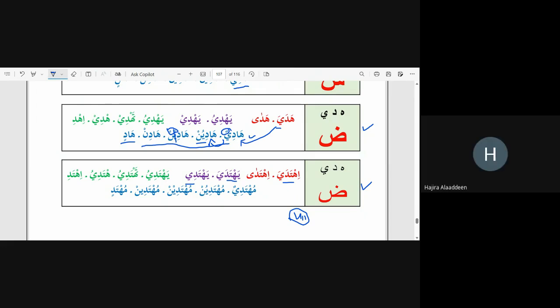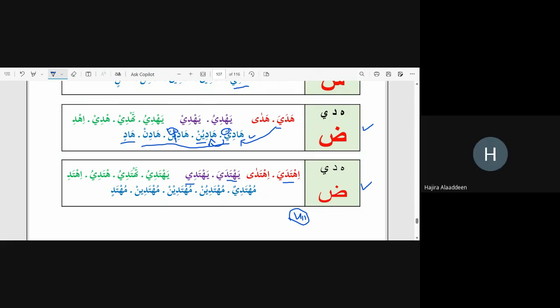But then we have the ismu fa'il of form 8, which will be mufta'ilun, like munfatirun, we have muhtadiyun.